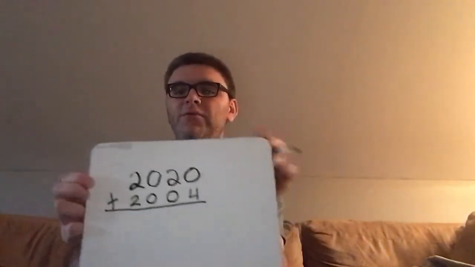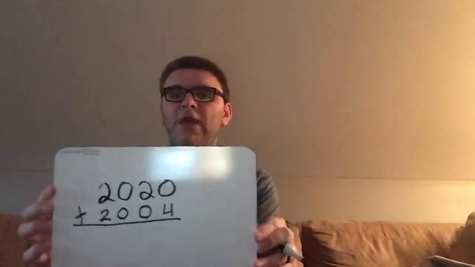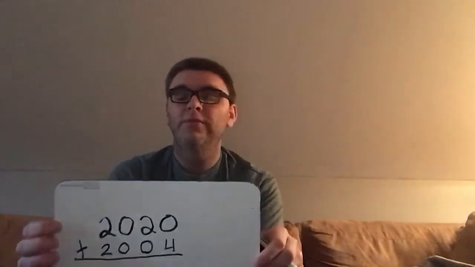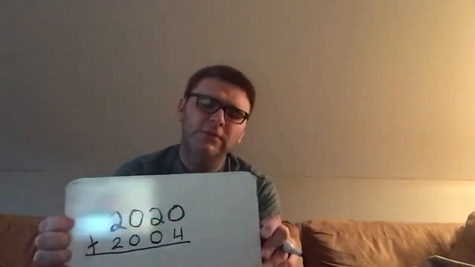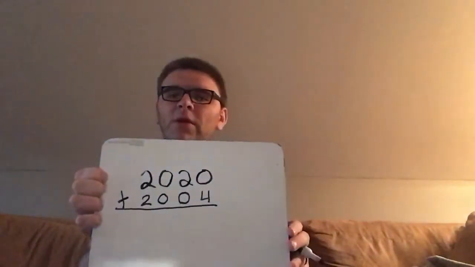We're going to add those two numbers. So what I did for this first one here. So I have 2020 plus 2004. 2004 is maybe the year some of you guys were born. Maybe not. Couldn't think off the top of my head. But that is our number we're going to add.